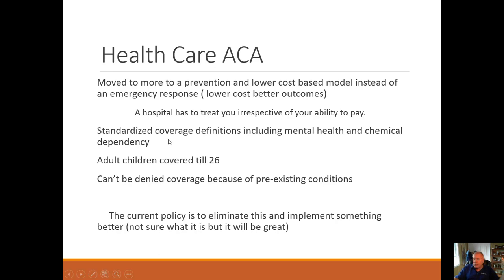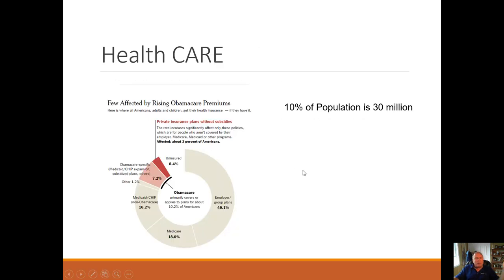But let's take a look at healthcare. 10% of the population is really affected by that. As you can see, 46% are covered by employers, 18% under Medicare, which is for seniors, 16% under Medicaid, and this is the Obamacare, and we still have 8% of the population, another 30 million, who do not have insurance.